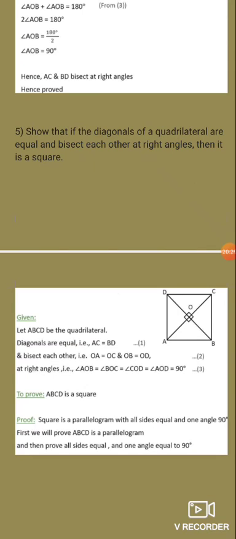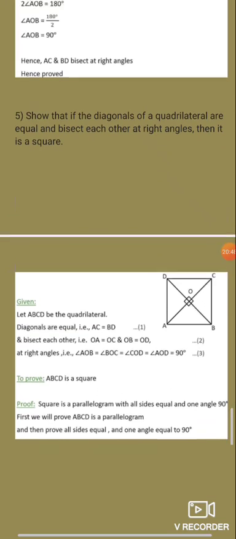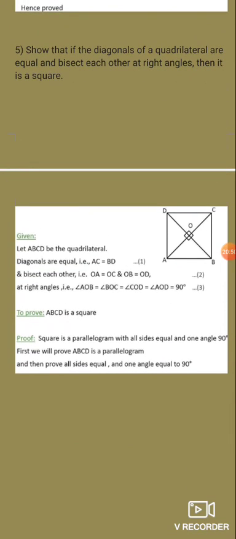Diagonals are equal, that is AC equal to BD, and bisect each other, that is OA equal to OC and OB equal to OD. At right angles, that is angle AOB is equal to angle BOC is equal to angle COD equal to angle AOD, 90 degrees. We need to prove it is a square.